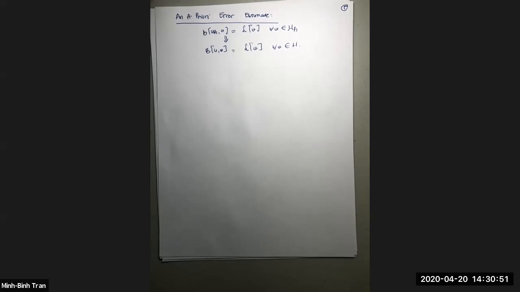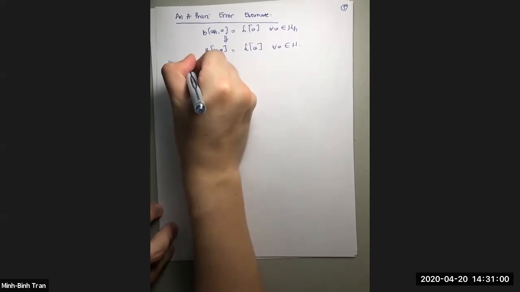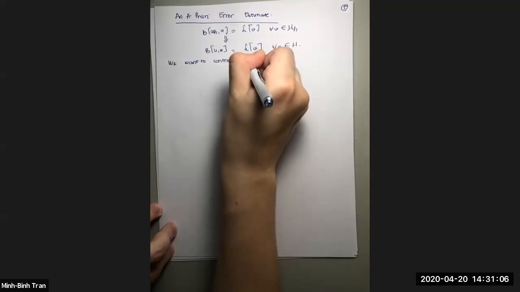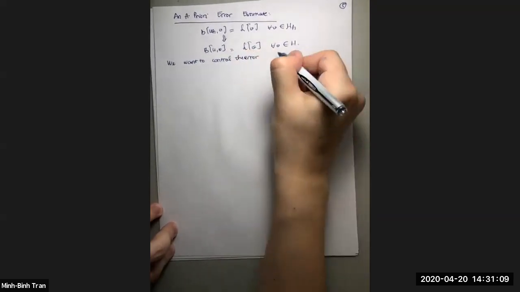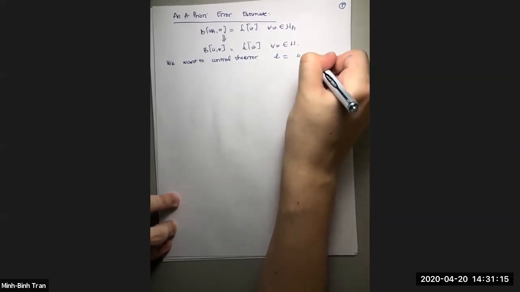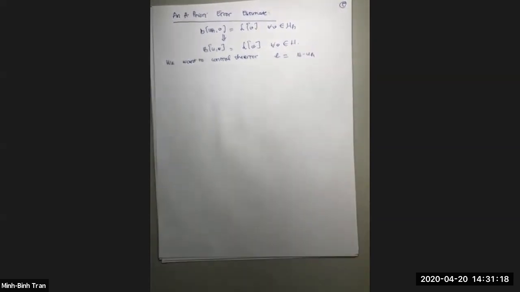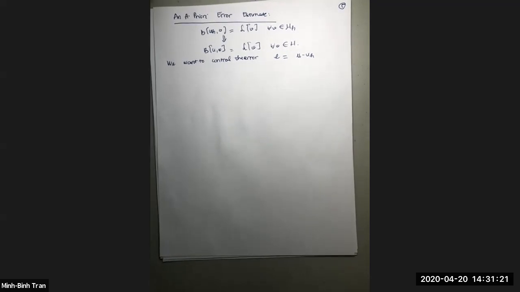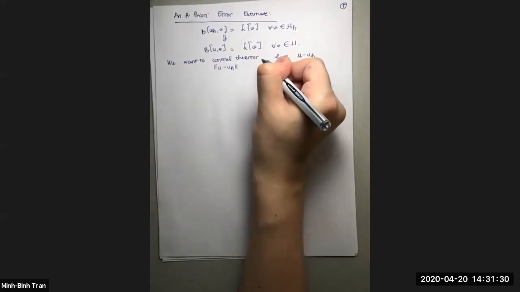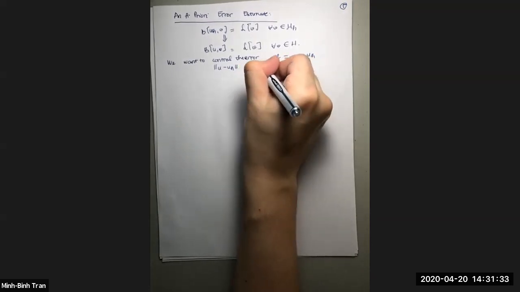Right. So now we want to control the error E, which is equal to U minus UH, right? Right. So now we want to control this error, and what we want to do is that we want to show that this is of order CH.